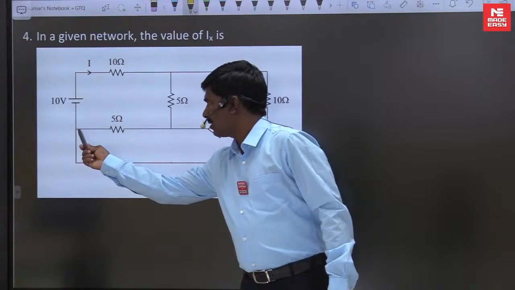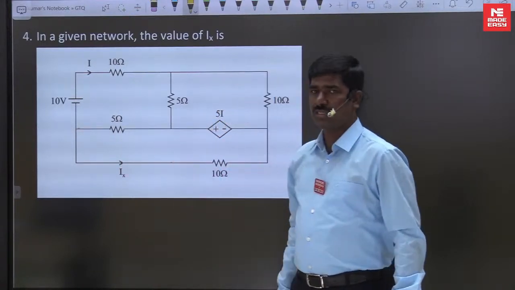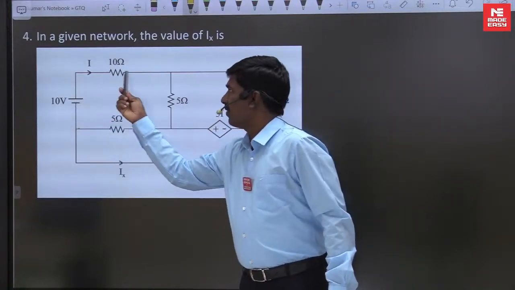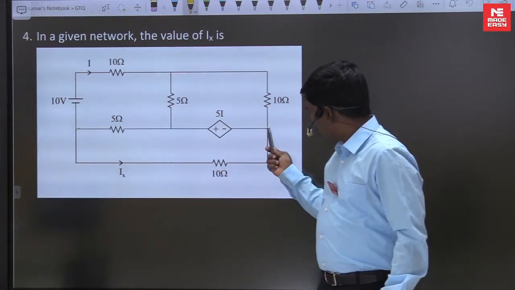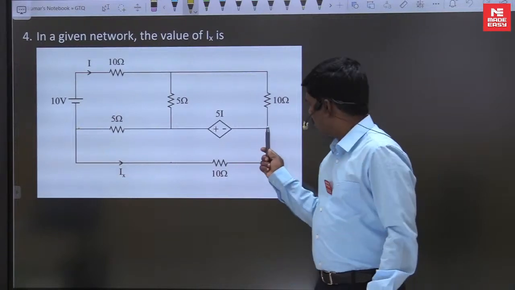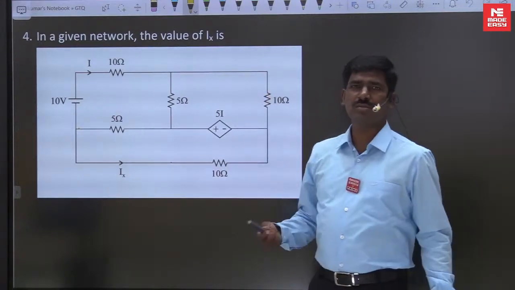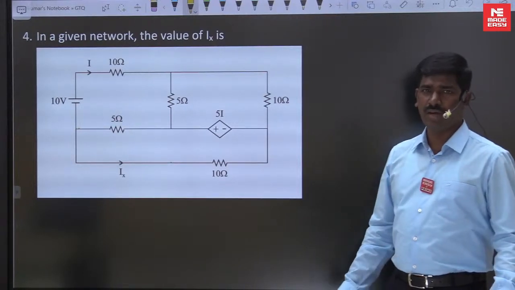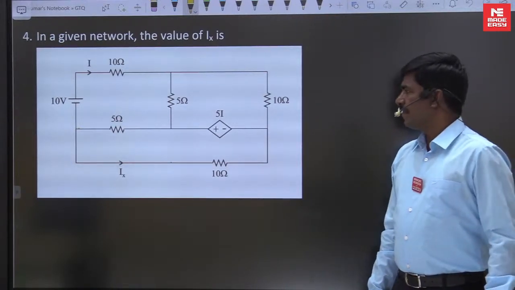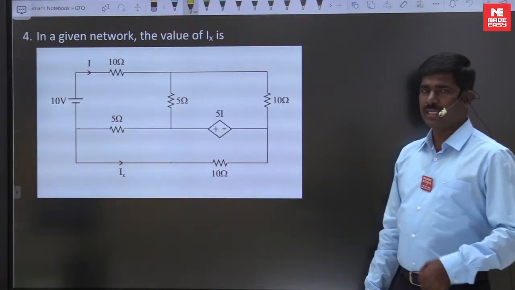Apply KCL here. We don't know the current of the 5 ohm resistance, we don't know this current I value. So 3 are unknowns. So you are not able to write the equation in one variable. Then go for either nodal or mesh analysis.